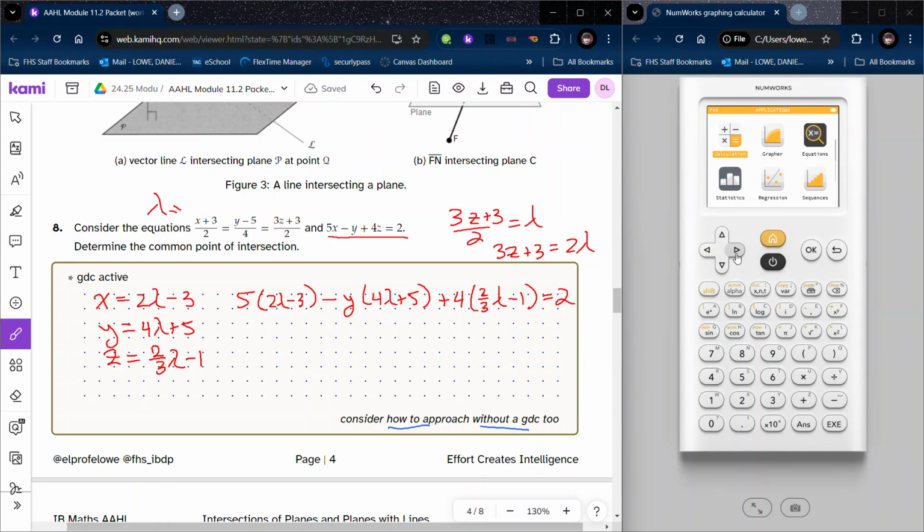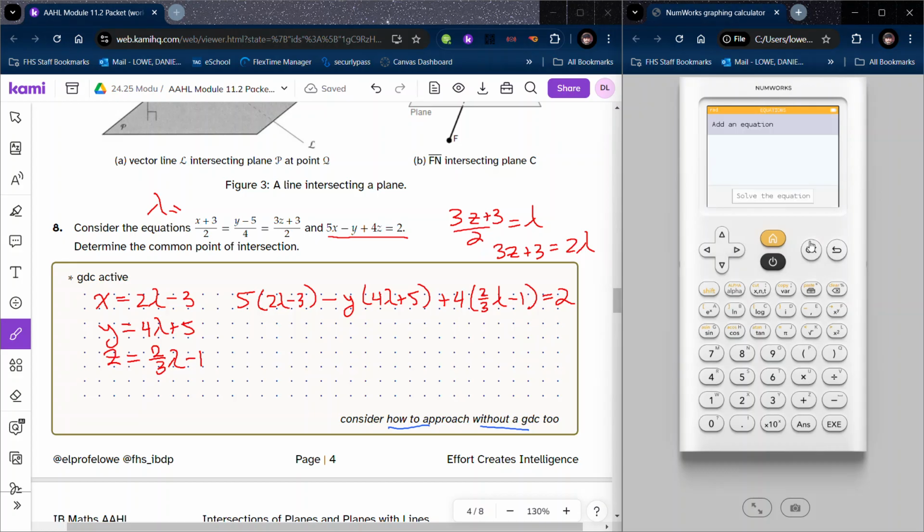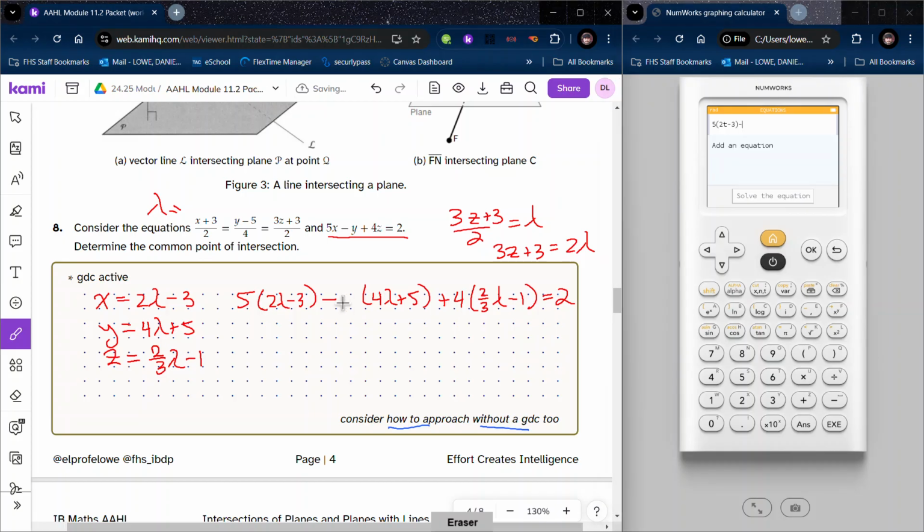If I have my calculator, I can just come over to my equation solver. So I'm going to add an equation, and I have 5 parentheses 2 times my parameter, let's let the parameter be t, minus 3, close parentheses, minus, all right, I don't need the minus y because the y is that 4 lambda plus 5.